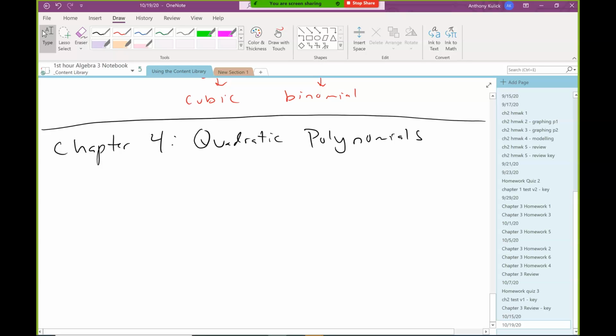So remember that when we talked about absolute value functions, we talked about there being 4 major skills that we like to worry about inside of each of these chapters where we talk about a function.